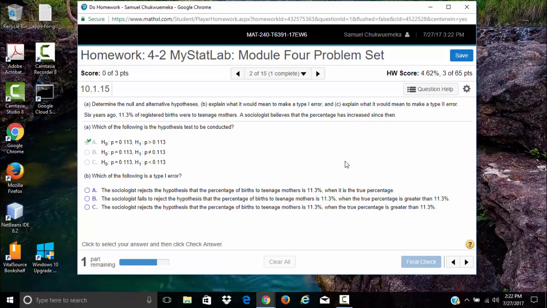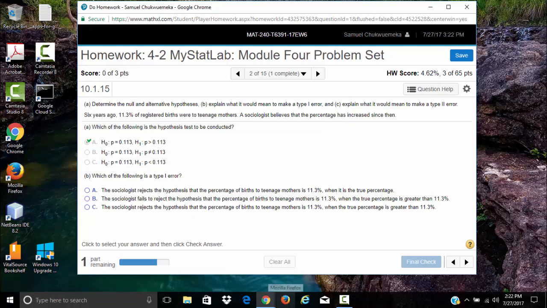So type 1 error means that the null is true and you rejected it. You look at these options. The sociologist rejects. The sociologist fails to reject. The sociologist rejects. So option B is out of the case already.